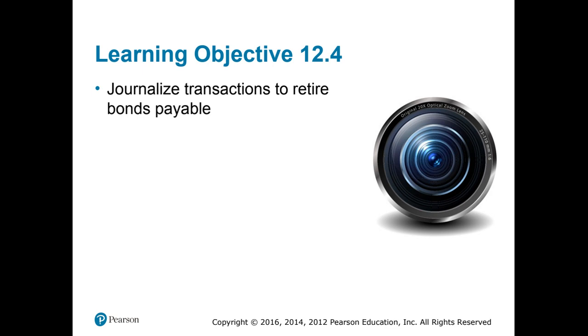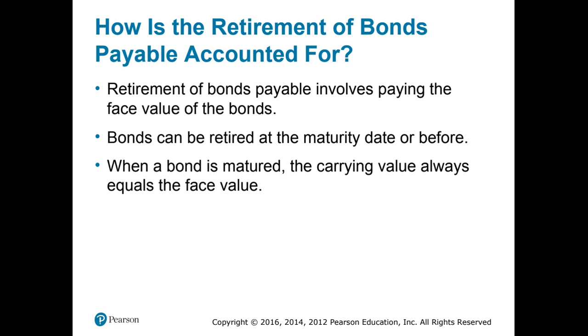Journalized transactions to retire bonds payable. So retirement of bonds payable involves paying the face value of the bonds. Bonds can be retired at the maturity date or before it. When a bond is matured, the carrying value always equals the face value.